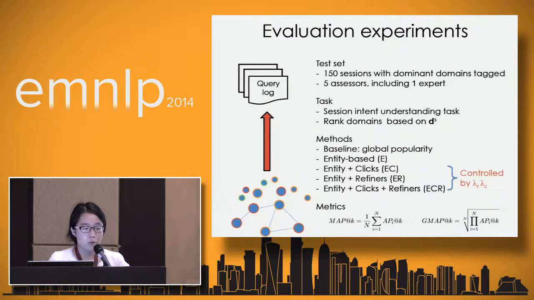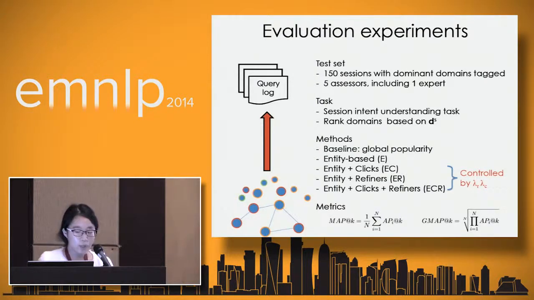That is, we extract a search session from a query log, and we tag the dominant domains ourselves. That forms a test set. Then we use different methods to get the session's domain intent feature, that is the Freebase domain vector. Then we rank the domains according to the weight in the vector and compare it with what humans label.